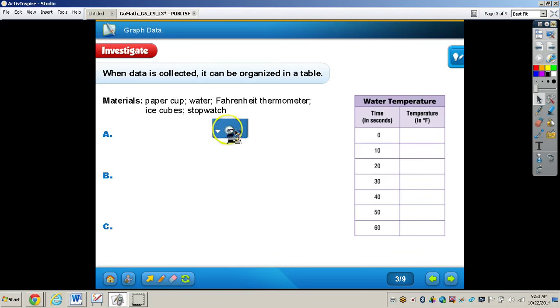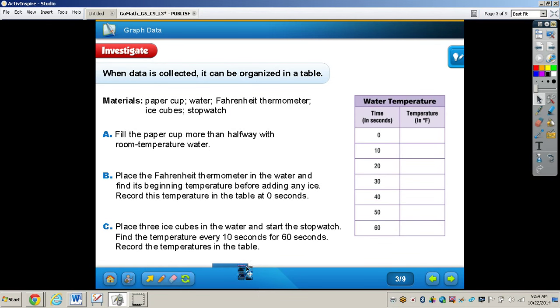Now I'm not going to have you do this experiment as you watch this video, but we're going to do a hypothetical situation. So let's say, for example, we did this experiment with a paper cup, water, a Fahrenheit thermometer, ice cubes, and a stopwatch. Now let's say we started dropping the ice cubes in, and then we started recording the temperature. And let's say at 0 seconds, and I want you to fill this out, the temperature was 75 degrees Fahrenheit.